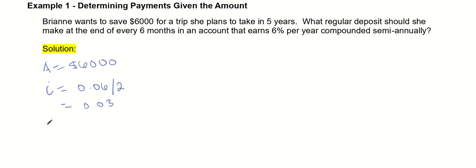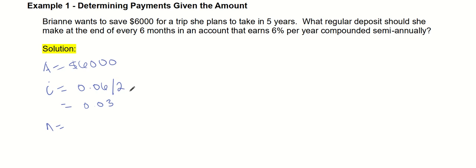And how many periods do we have? It says it's compounded every 6 months. So it's going to take 5 years, and it's semi-annually.